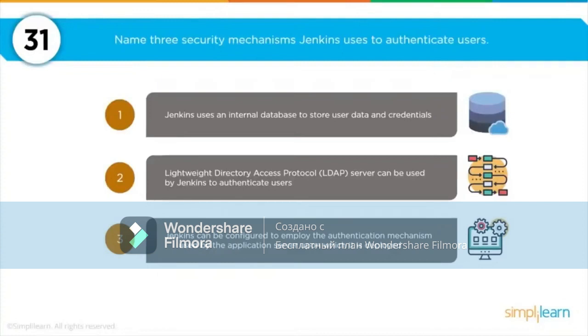When you are asked this question about security within Jenkins, the three responses you want to provide are: A, Jenkins has its own internal database that stores secured user data and user credentials. B, you can use an LDAP, or Lightweight Directory Access Protocol, server to authenticate Jenkins users. Or C, you can configure Jenkins to authenticate by using something such as OAuth, which is a more modern method of authenticating users.